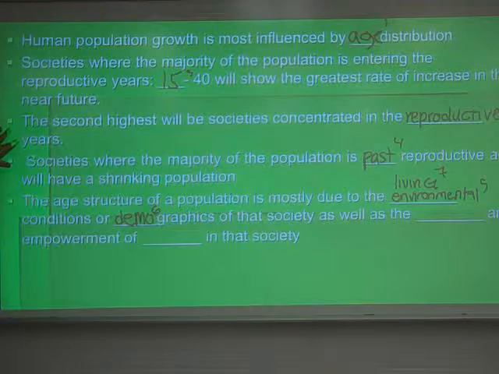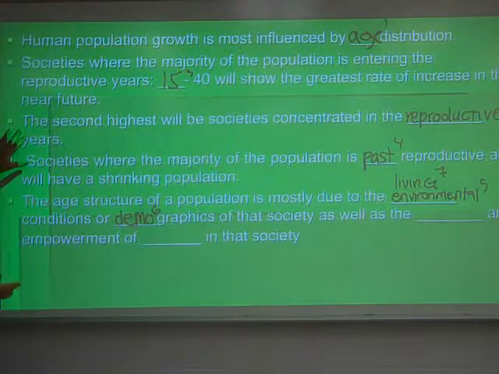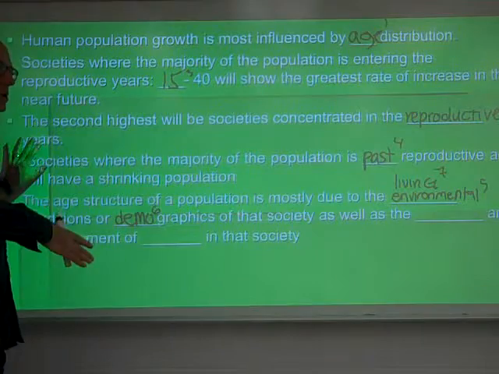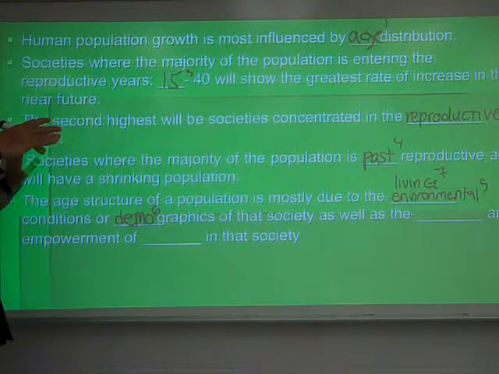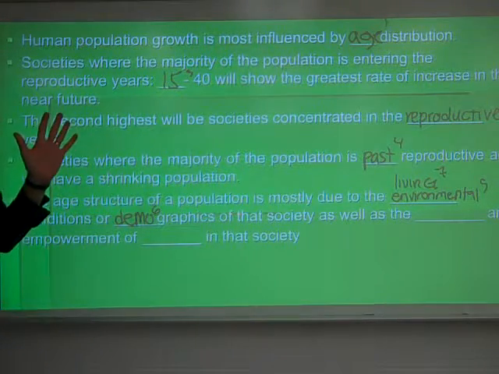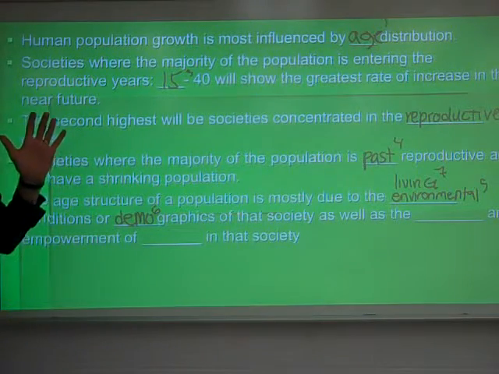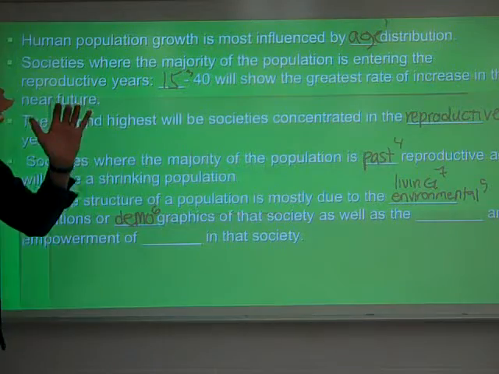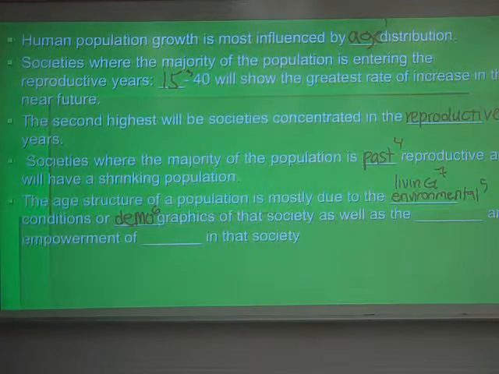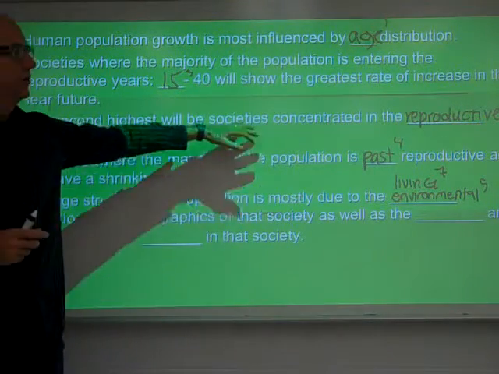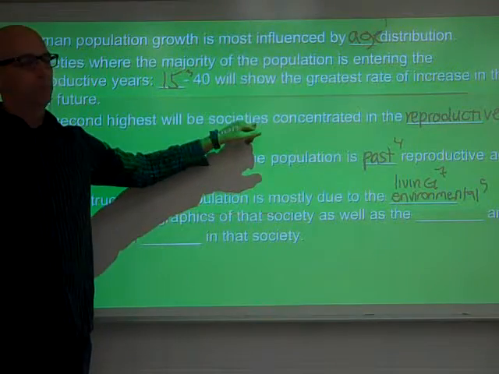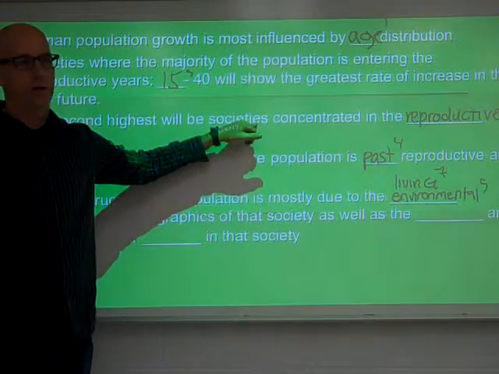Second to that is those where you have most of your individuals in the reproductive years. Not only do you have a lower number that is pre-reproductive and therefore going into the reproductive years over 10 years, but you'll also have a good chunk that is going past or beyond that reproductive age.